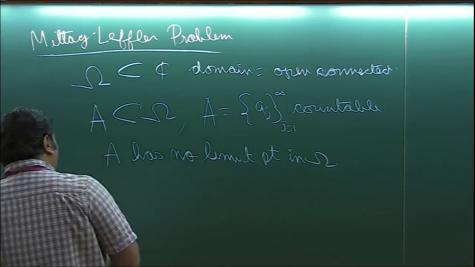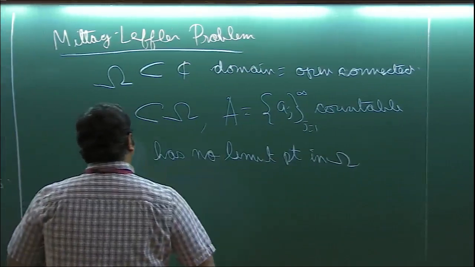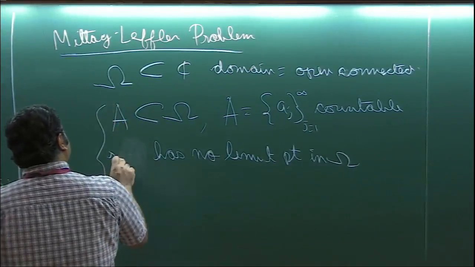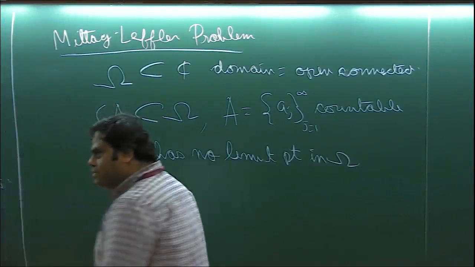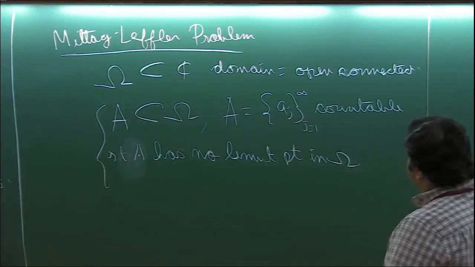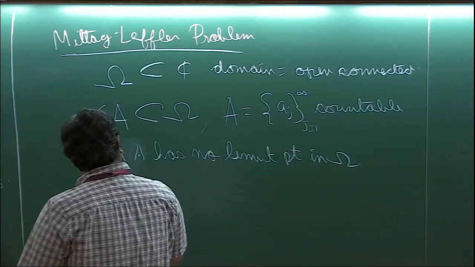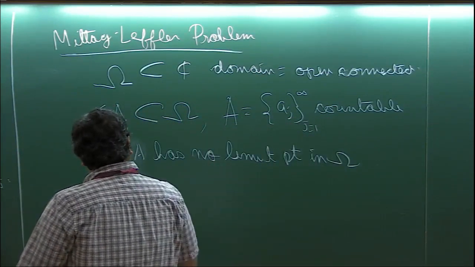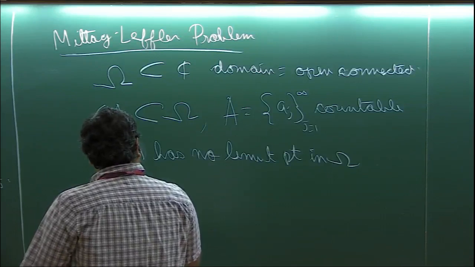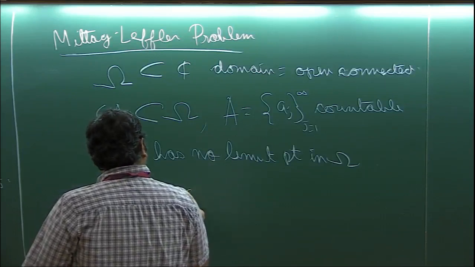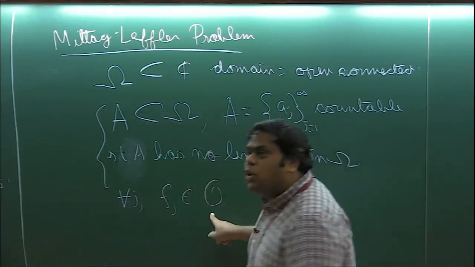So it's a property of A, such that A has no limit point in omega. And suppose for each such point, for all these a_j's, for all j, I am given a function f_j, which is, this O stands for holomorphic.